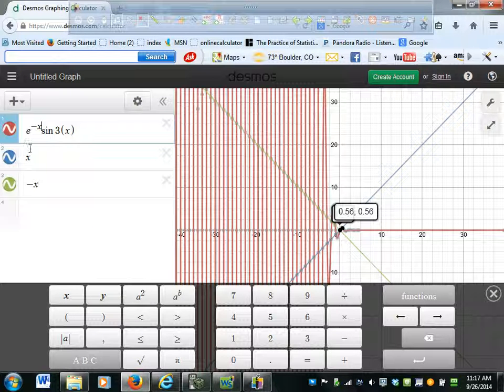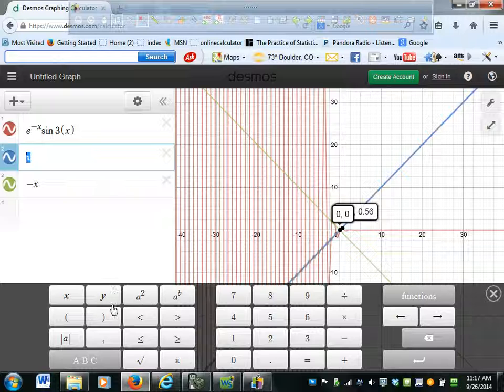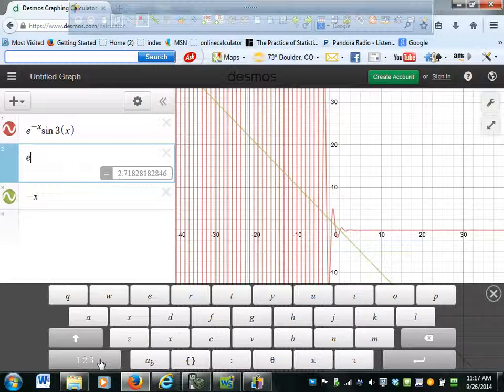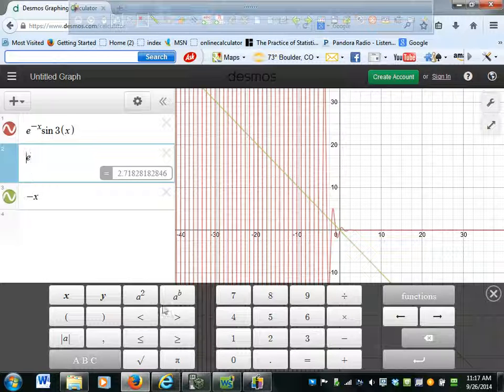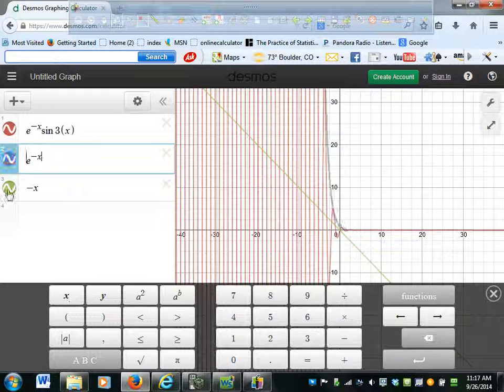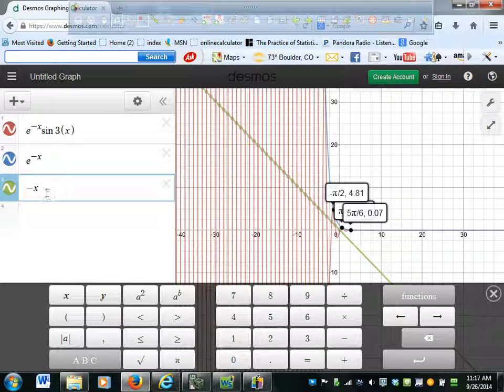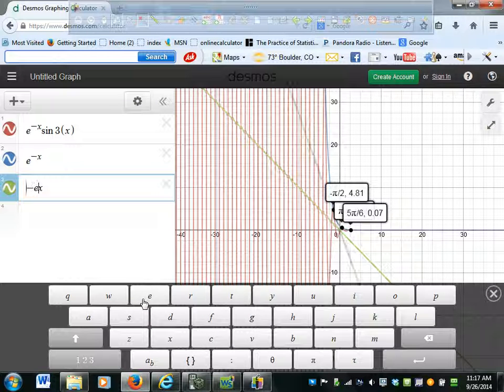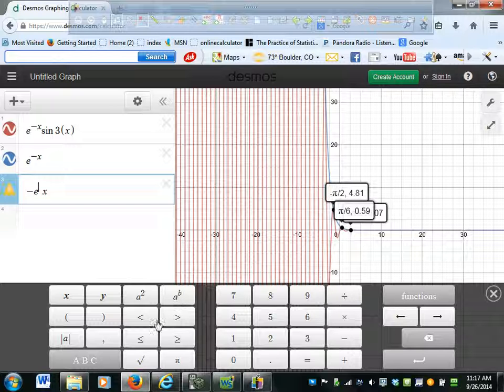Y equals e to the negative x, and over here I'm going to put e raised to the negative x, and over here I'm going to put negative e raised to the negative x. I'm going to get rid of this x over here, okay?